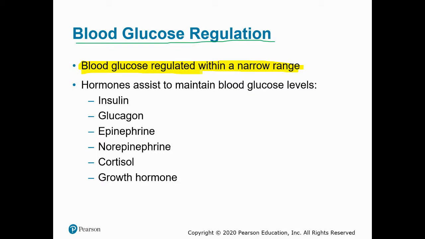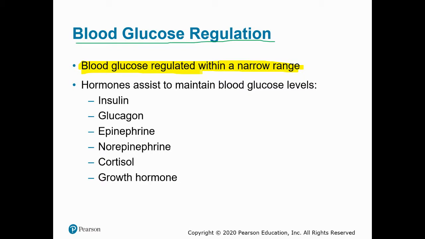There's a really fine range, not too much, not too little. There's a really fine range for blood glucose concentration, so the amount of glucose that's in our blood. If we have too much glucose in our blood, that can cause a lot of problems. We'll talk about that at the end of the chapter. If we have too little glucose in the blood, that can cause serious problems.